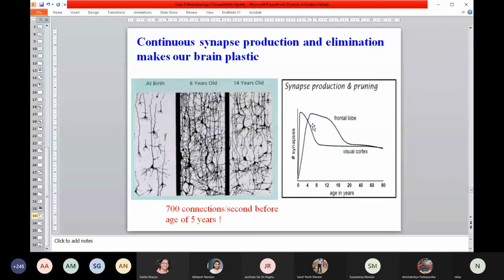So what's the significance of it? I can give you one example. If you want to learn a new language at this age, it is going to be very hard for you. But you could have learned it easily when you were in class 1, class 2, class 3. That clearly shows the advantage of plasticity in the brain, at least early plasticity.